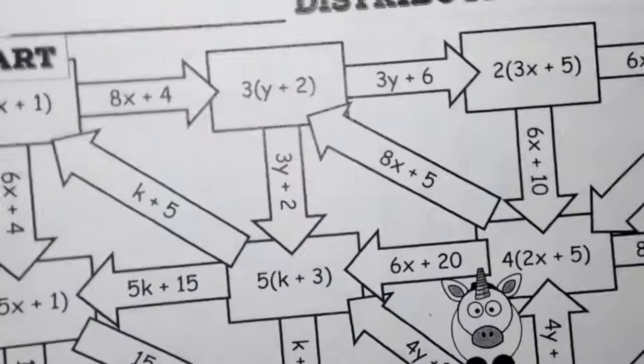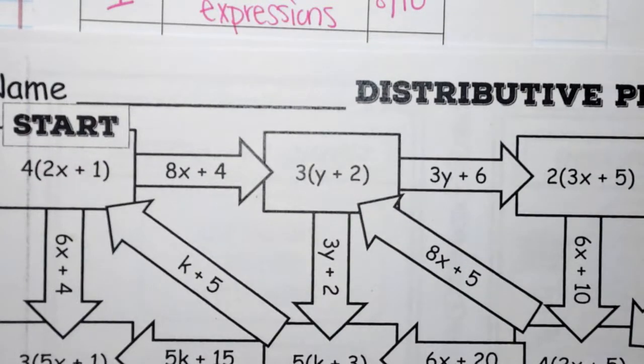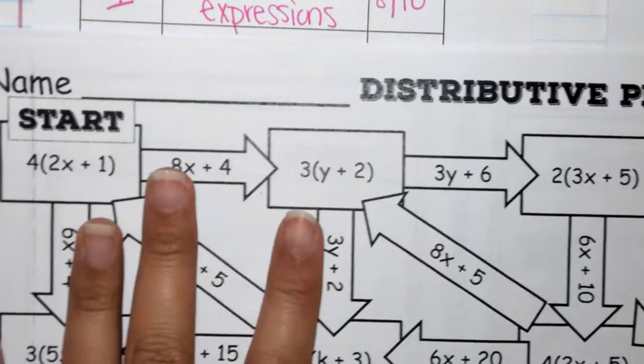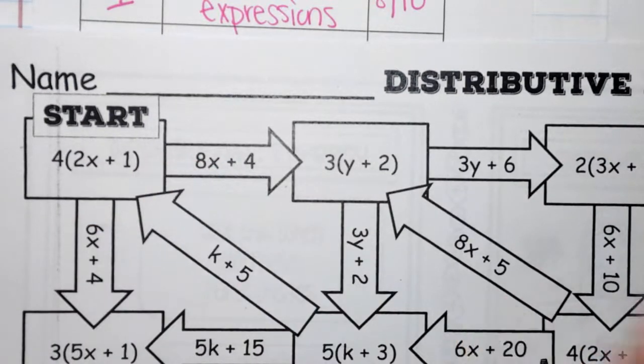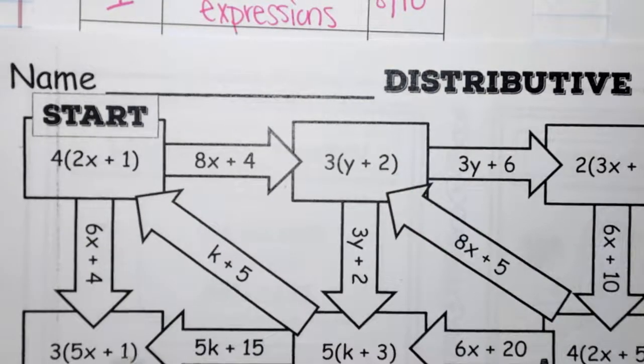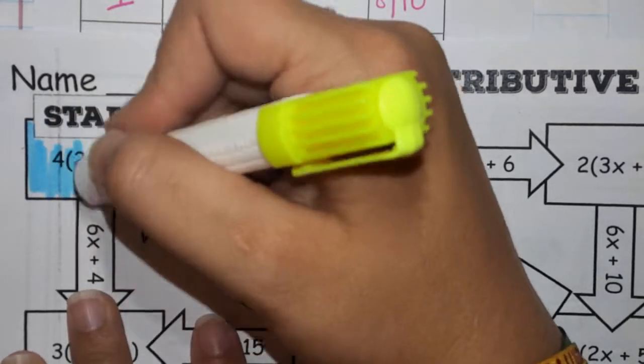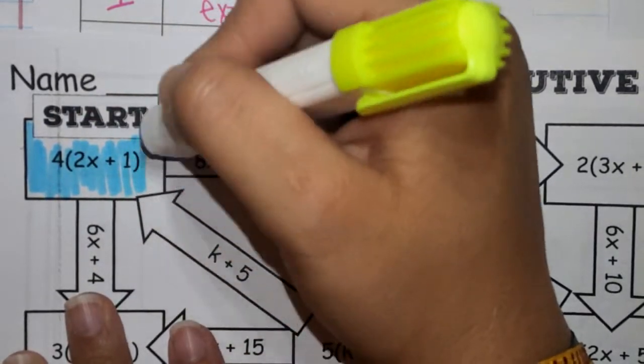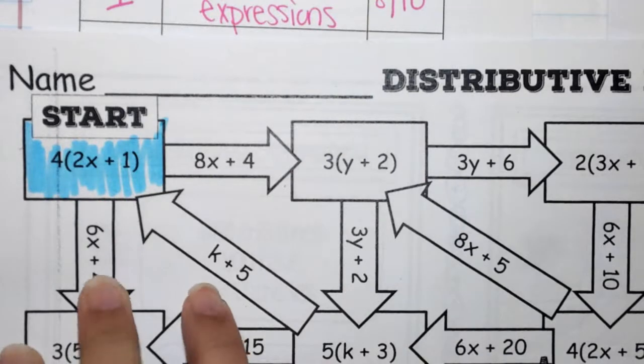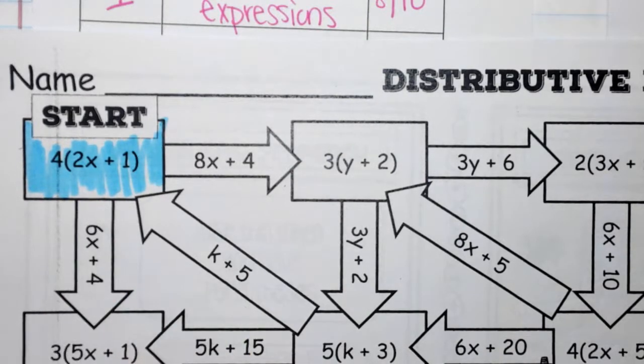Now, let us look at our distributive property maze. You guys know how mazes work, right? First, we're going to start here. You need to use some kind of color so I know what path you take, please. That would be super helpful.